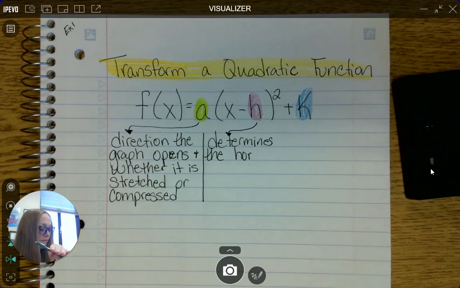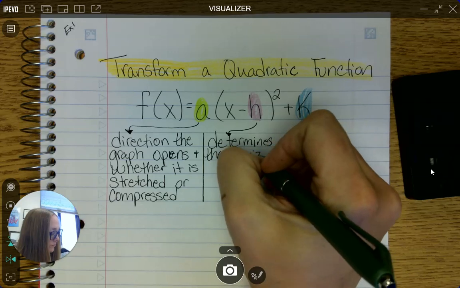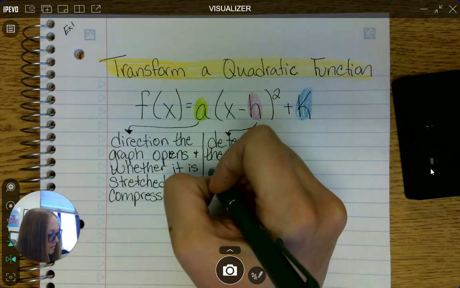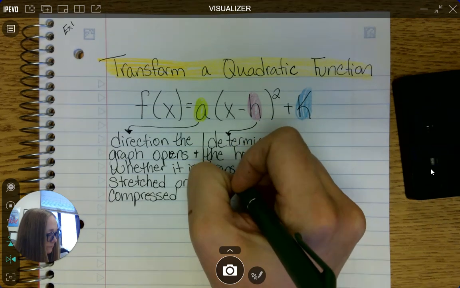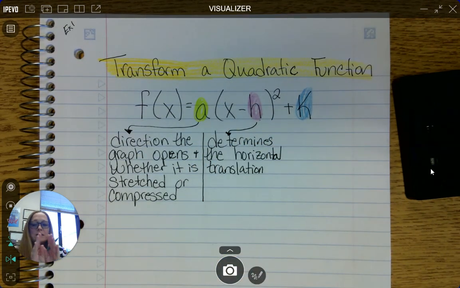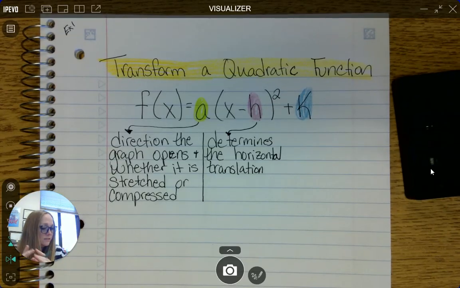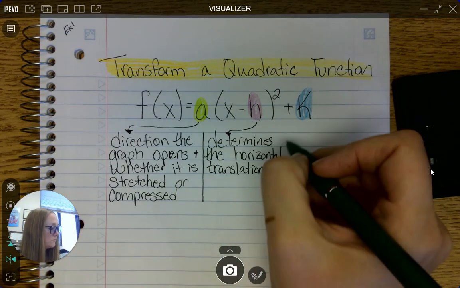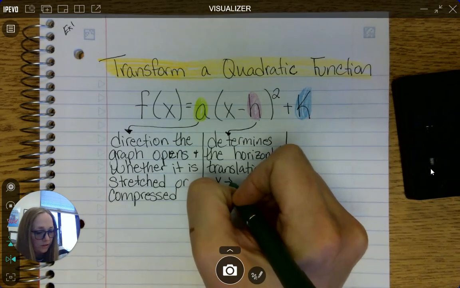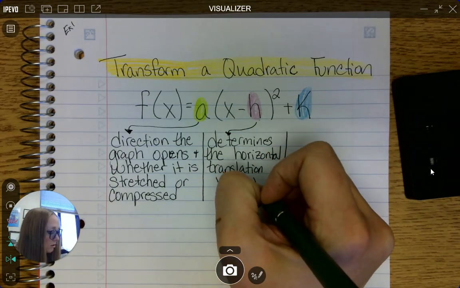The horizon is that left to right. So the horizontal translation. And translation is a slide. So we're going to slide it to the right or slide it to the left, which is our x value, right? Your x is your walk on a coordinate plane.